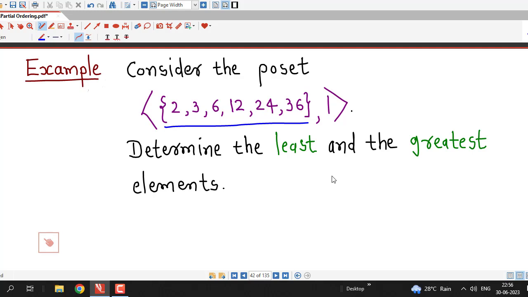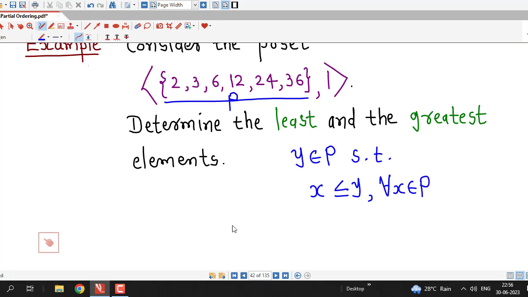So we can see the greatest element, suppose I denote this set by P, then the greatest element is the element Y in the given set P such that X is related to Y for every X in the given set P. Now here the relation is divisibility, so we have to search for that Y such that X divides Y for every X in the given set P. So if there is some element Y in this set which is divisible by every other element of that set and with itself also, then that element is going to be the greatest element.